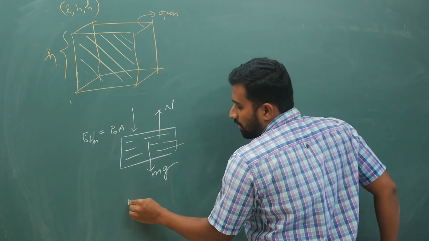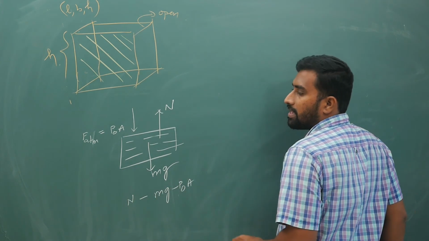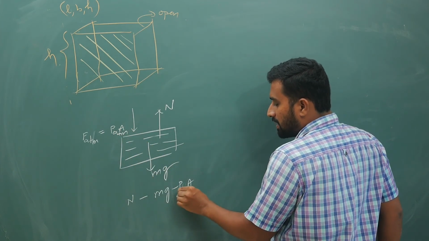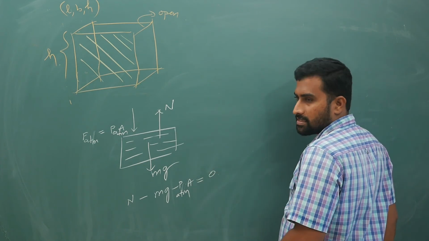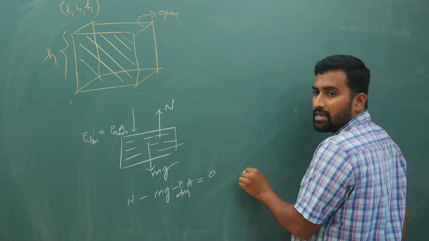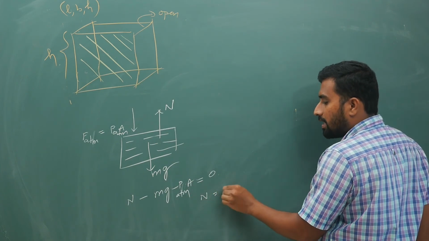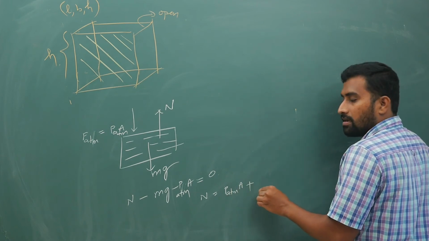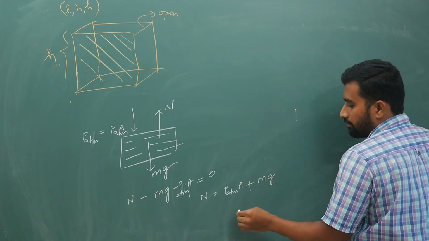So in this case, on the liquid, N minus mg minus P naught into A, where P naught is the atmospheric pressure, is equal to 0 when the liquid is at rest. If it is accelerating, you have to write ma, and from that calculate the value of N. So your N is P atmosphere into area plus M into g.